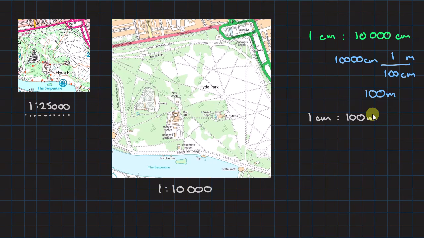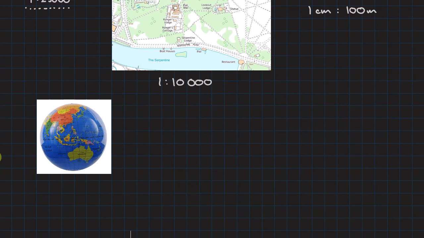There is another map scale that you've got as well to do if you're doing the extension. This map or globe, I've got a globe at home, but when I measure it, the distance across Australia is actually 8 centimetres.